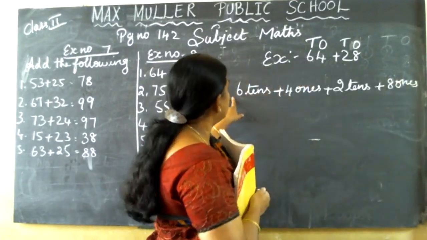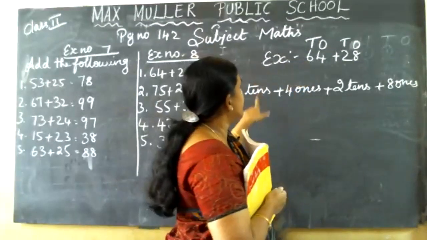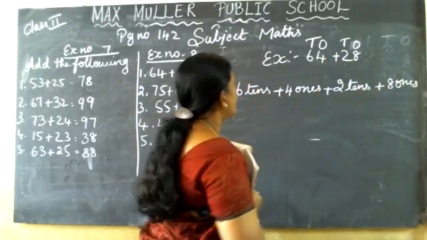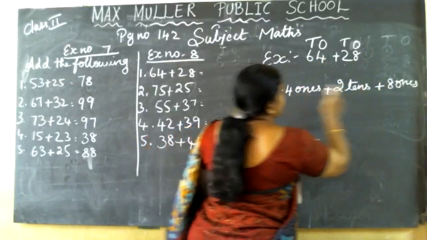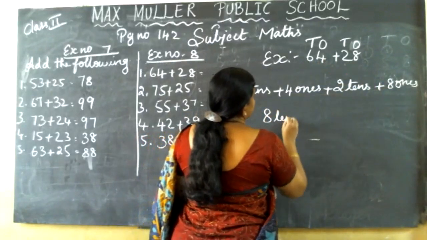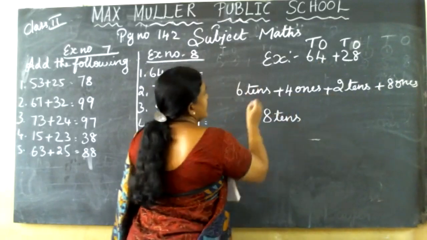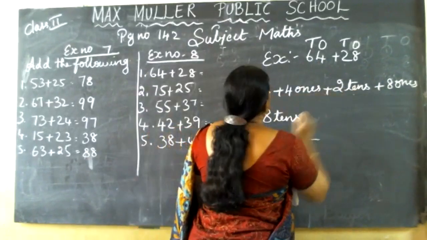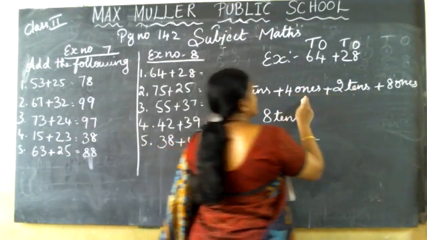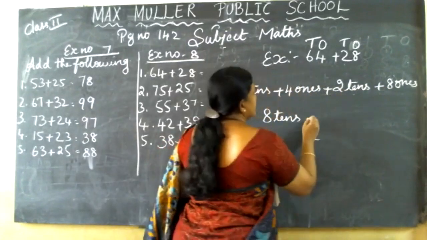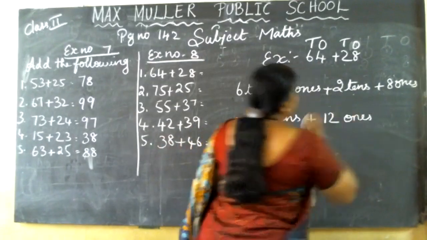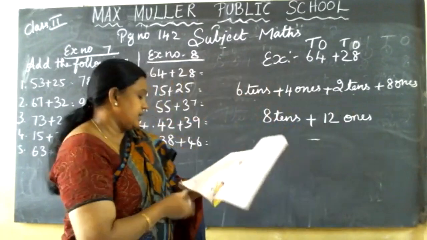First point is 6 tens, 4 ones, 2 tens, 8 ones. Now you want to add. First you want to add 6 tens and 2 tens. 6 plus 2 how much? 8 tens. Now you want to add ones. 4 plus 8, 12. Understood, children?